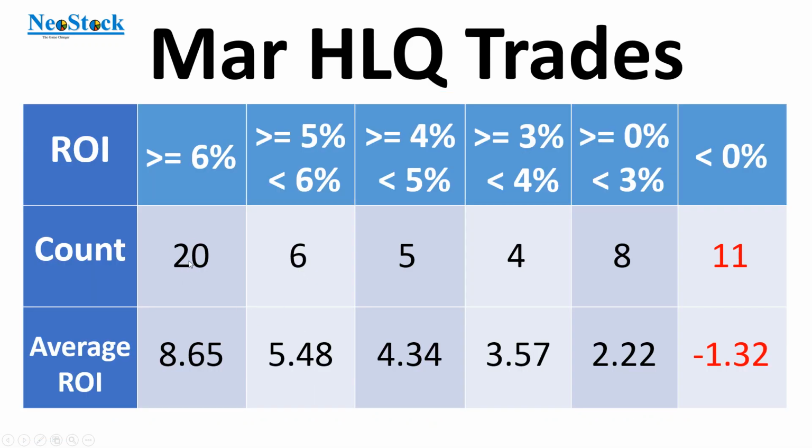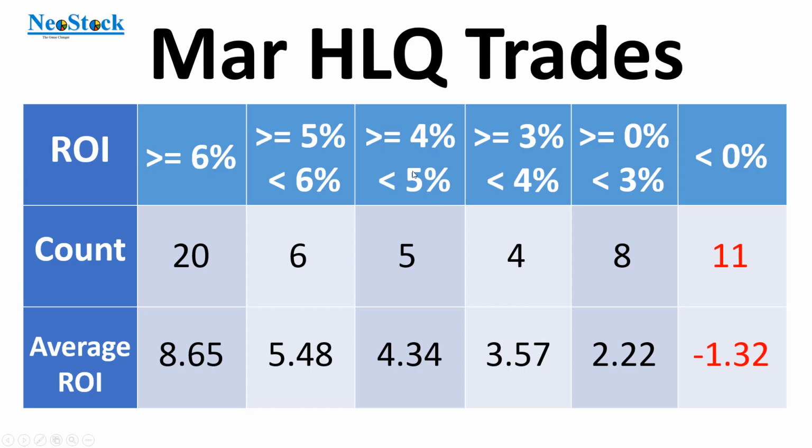But 20 trades gave more than 6% ROI, and the average ROI of these 20 trades is 8.65%. Between 5% and 6%, we got 6 trades, and their average ROI is 5.48%.